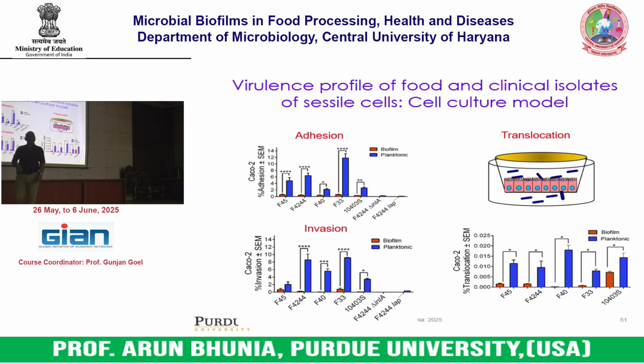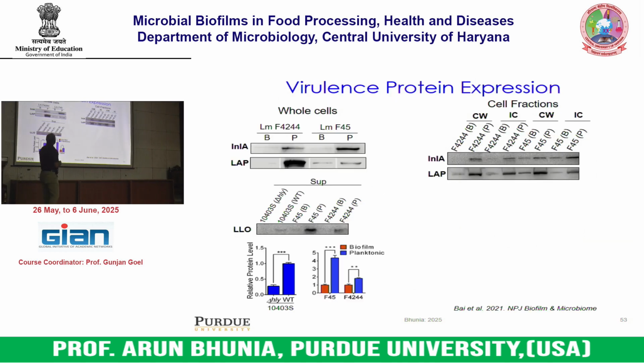So next we wanted to see, well, let's look at that in an actual animal system. Let's see if this case is true. In order to do that, this is just to show you all those protein expressions I mentioned. These proteins are also not expressed in sessile cells. One of them, let's take the virulence factor hemolysin.